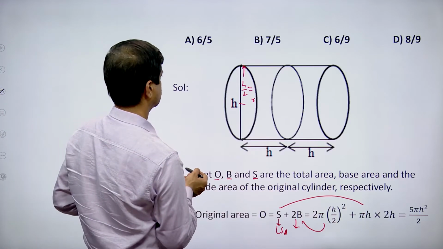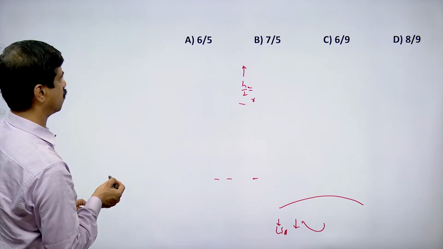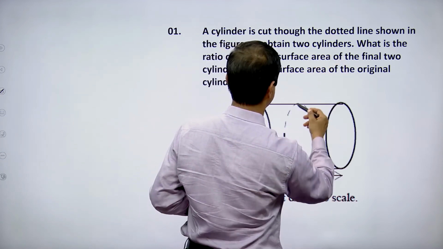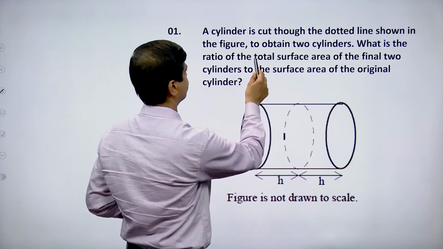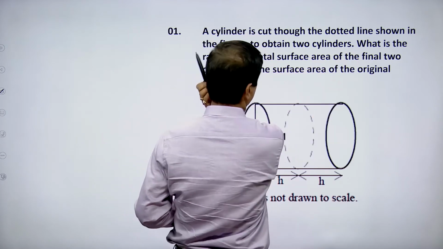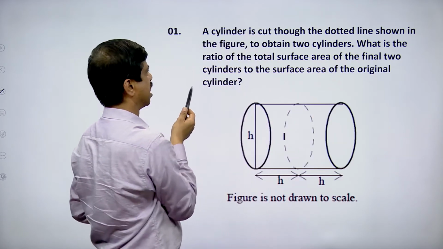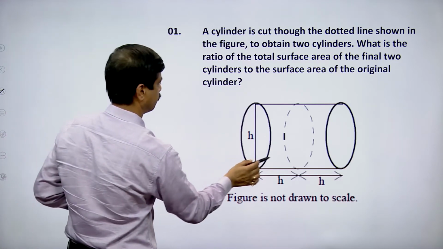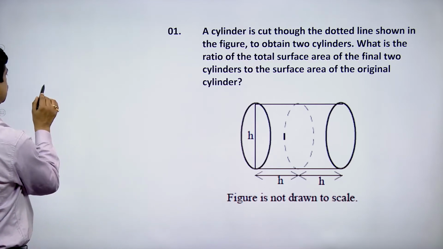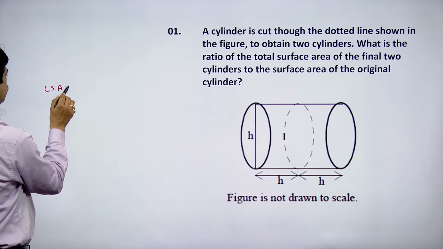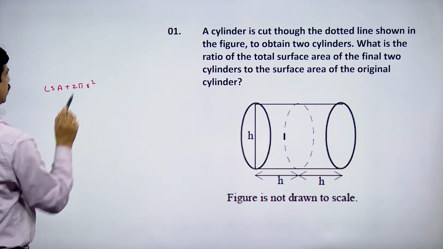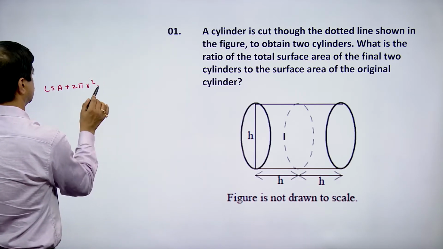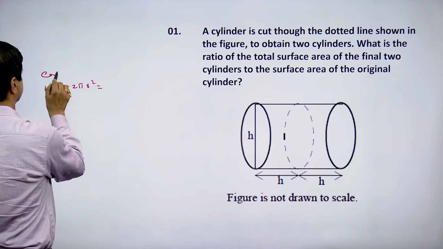So children, this we will change. Now what did he ask? He said the cylinder is cut through the dotted line shown in the figure to obtain two cylinders, what is the ratio of total surface area of the final two cylinders? First, each cylinder is lateral surface area plus 2 pi r square.